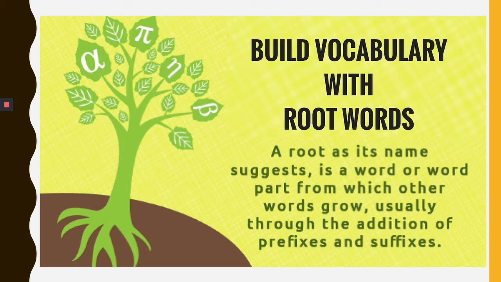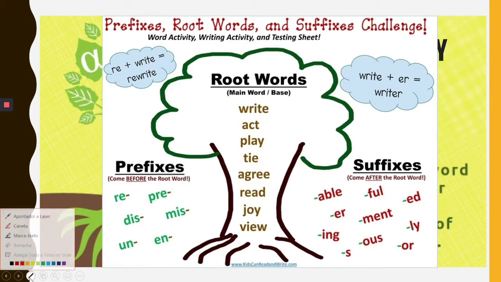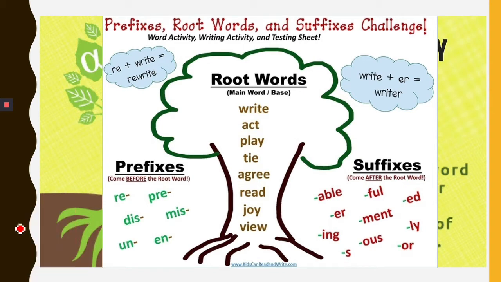Let's read it together. A root, as its name suggests, is a word or word part from which other words grow, usually through the addition of prefixes and suffixes. For example, we have the verb to play.